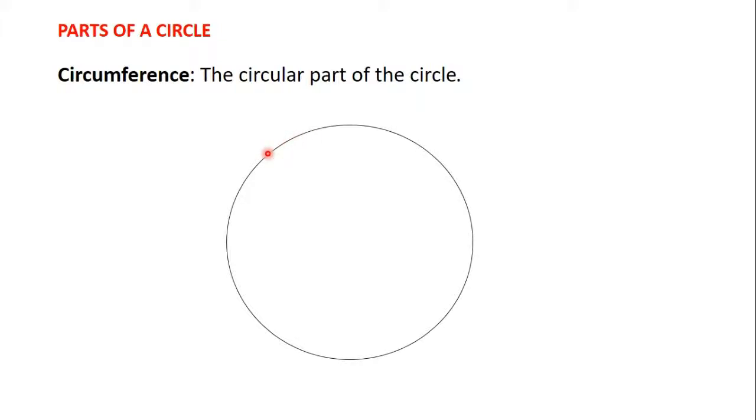For a circle, the perimeter of a circle is called its circumference. So whenever we say the word circumference, we are referring to the distance around the circle or the perimeter of the circle. The circumference of a circle is the circular part of the circle or the total distance around the circle.